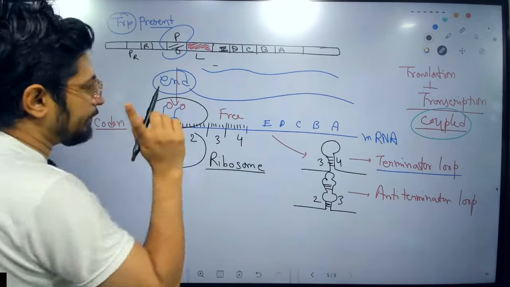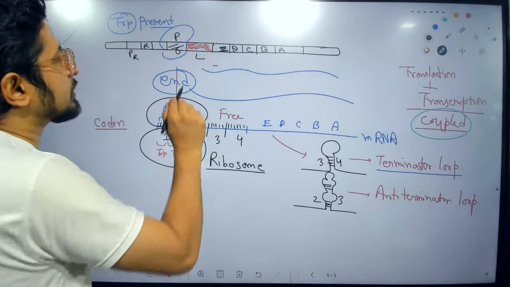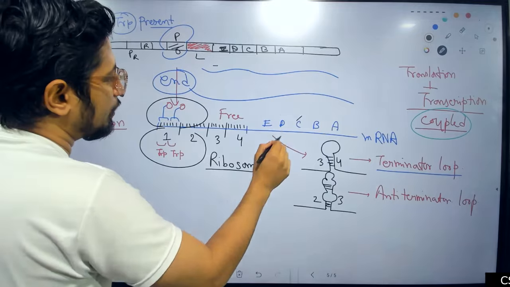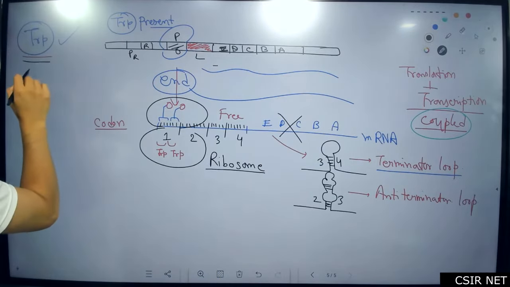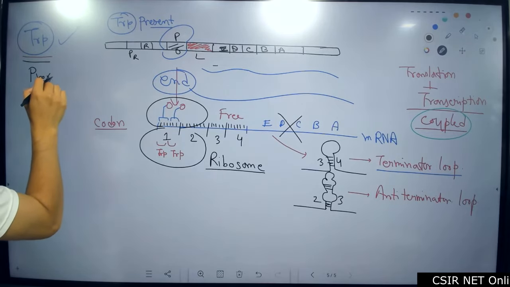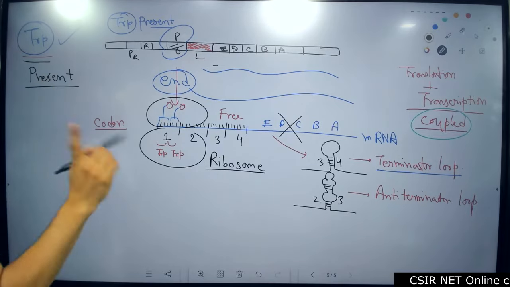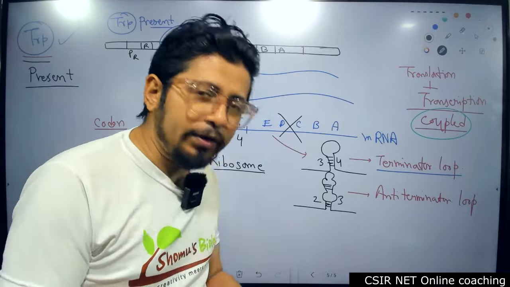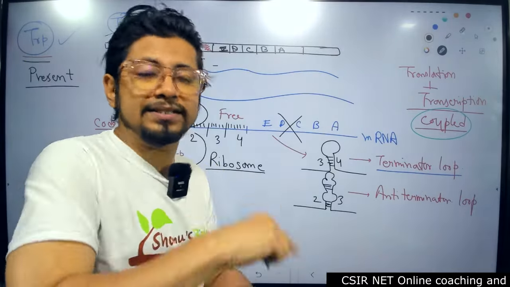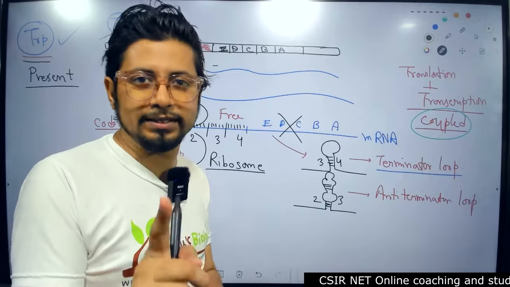So transcription will be ended, no further transcription of the structural genes would be possible. When there is tryptophan present in the environment, then this thing happens. Got it? Now if you don't understand in one go, rewatch this section a couple of times and you will understand.